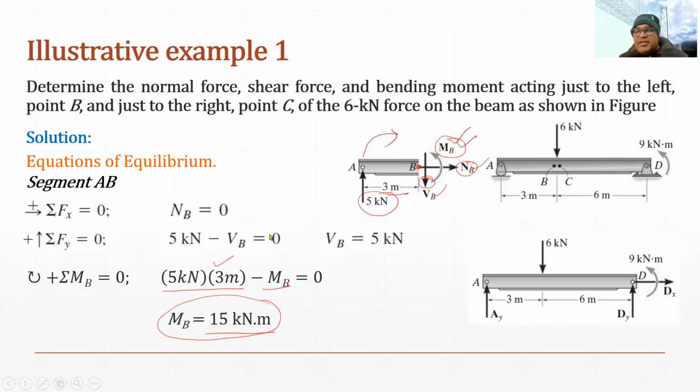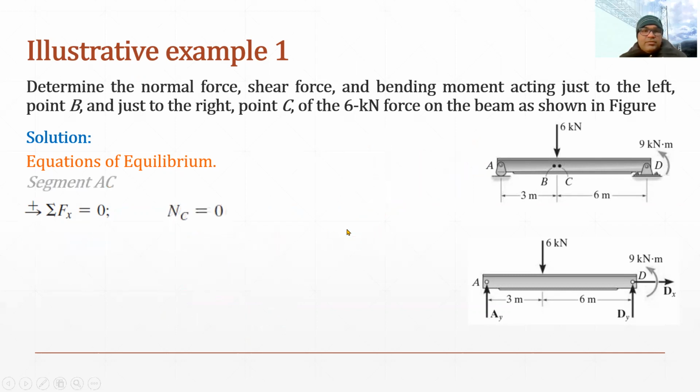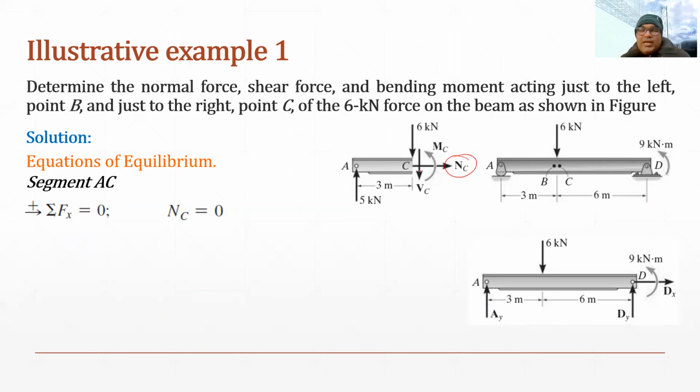So now the internal loading at point B we have calculated. Now to calculate the internal loading at point C, we will consider another segment, which is segment AC. In segment AC, NC will be 0 because there is no other horizontal force. Also, one more force is added now.